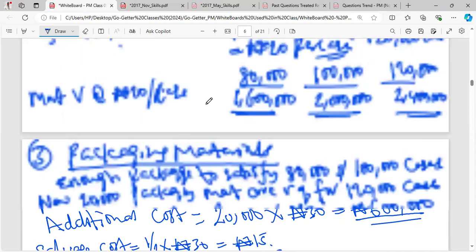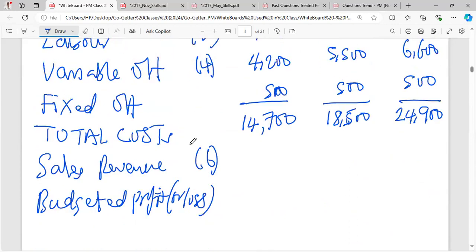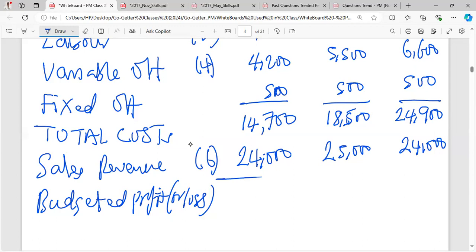Go up again. Goes down here. So this should be 24, 25, 24. Now, your profit is going to give you revenue minus cost.